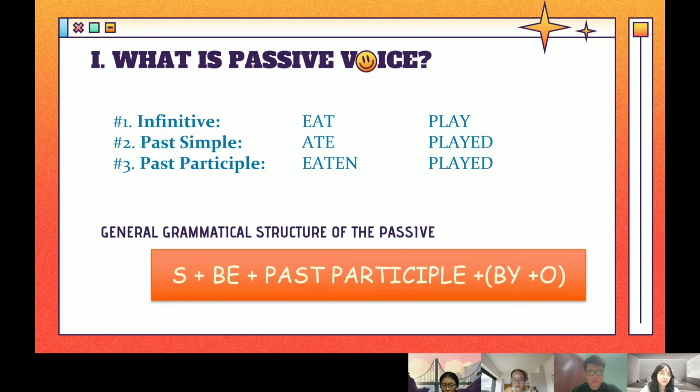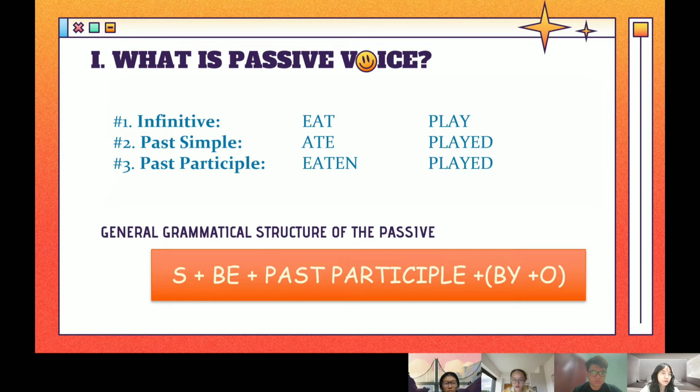And for the verb, we change it into the form be plus the past participle. Finally, here is the complete passive sentence: the cake was eaten by the children.